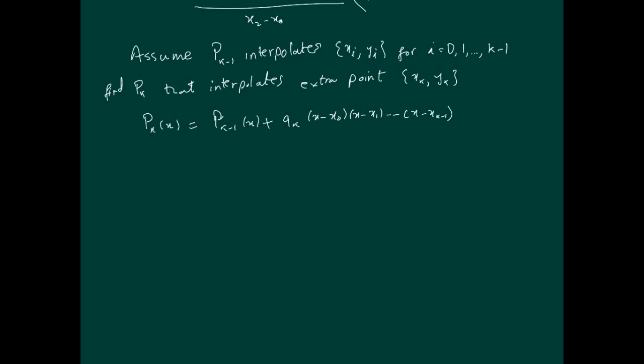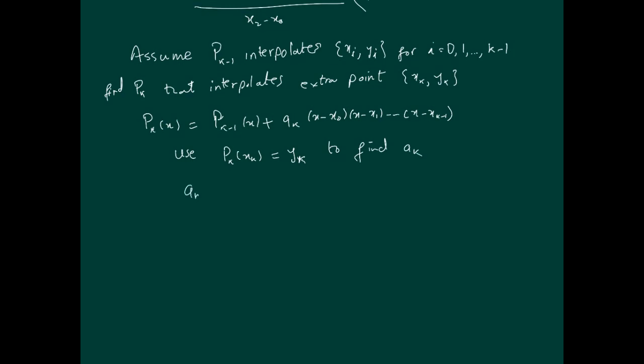Okay, so you'll see here the matching, this k minus 1 and this k minus 1 here. And then we use the fact that pk of xk is equal to yk, which is a given point. Of course, that's the extra point we have to find, okay, ak, right?